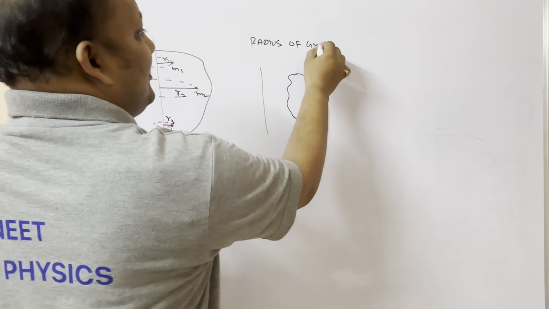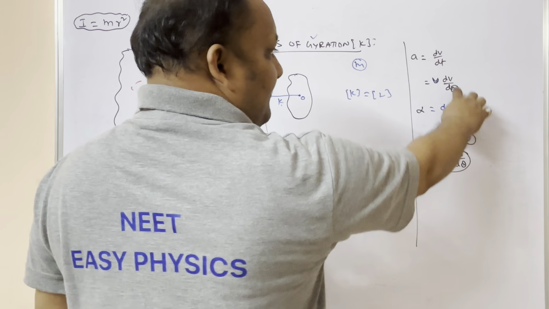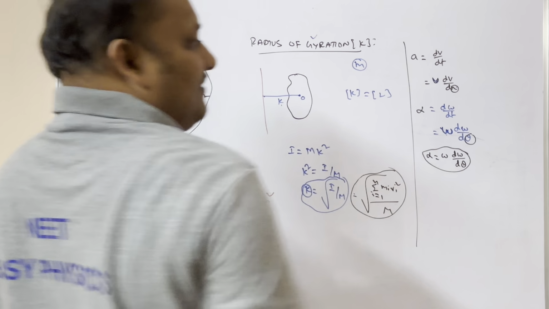Therefore, omega into d omega by d theta. Maybe I wrote dx there. You can cross check in the previous video where I wrote alpha, but that should be d omega by d theta. Wherever displacement is coming, there you should use angular displacement. Wherever velocity is coming, angular velocity.